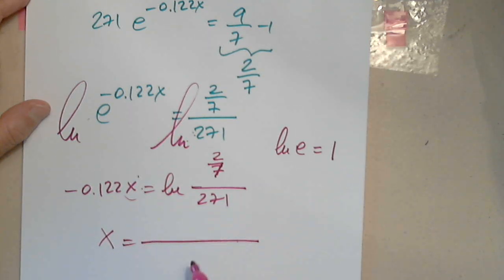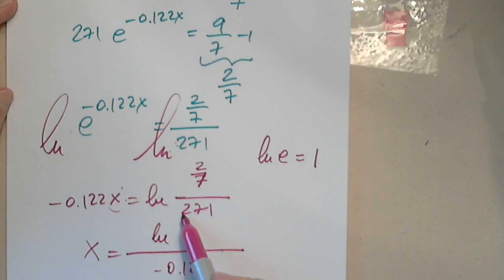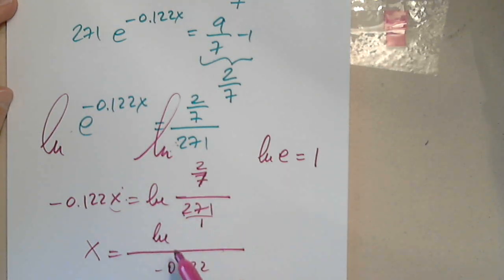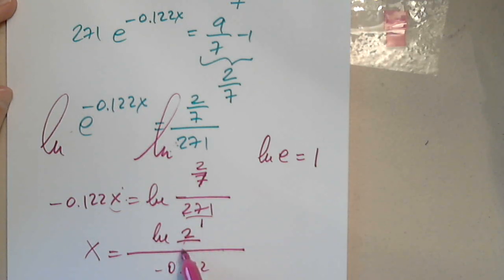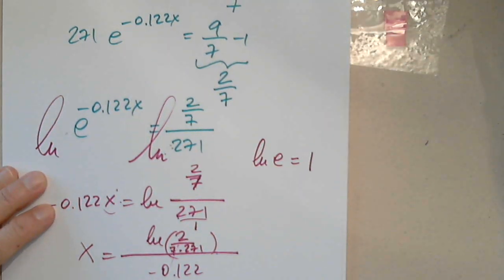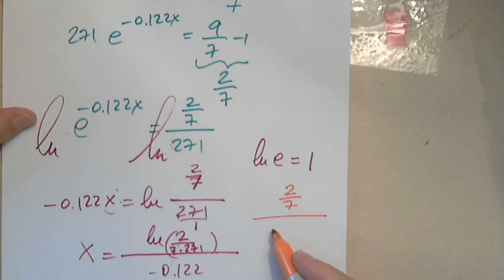We need to put everything in the calculator as is in one step, otherwise we introduce error. So when I divide these two fractions, I flip the denominator, so I have 2 over 7 times 271. So let me do this on the side one more time. So I had in the numerator 2 over 7, and the denominator was 271 over 1.